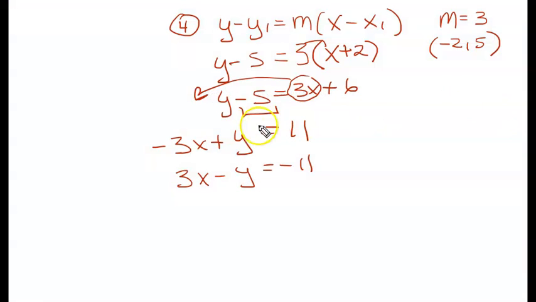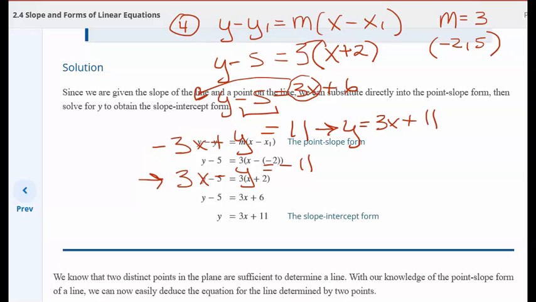Okay, so here, all we would have to do is bring this back to the other side, and it would be y equals 3x plus 11. Now this is in slope-intercept form. This one's in standard form. Okay, let's check it out. And there we see it.